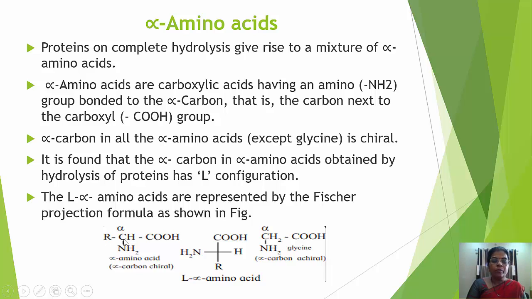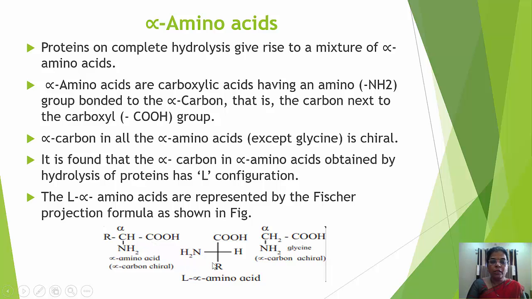Now here the chiral carbon atom, which is bonded to the COOH group, NH2 group and R, is alpha amino acid. Now these alpha amino acids are L alpha amino acids, that is their configuration is L configuration.